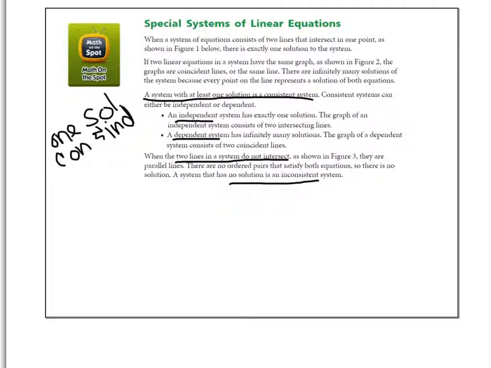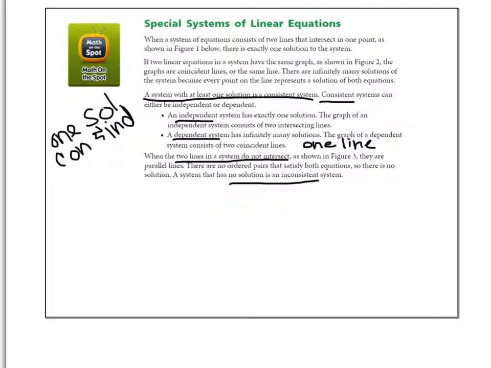Dependent system means the lines are the same. So there's only one line. So that one would be dependent and consistent as well, because the lines go on top of each other. So there's an infinite number of solutions.